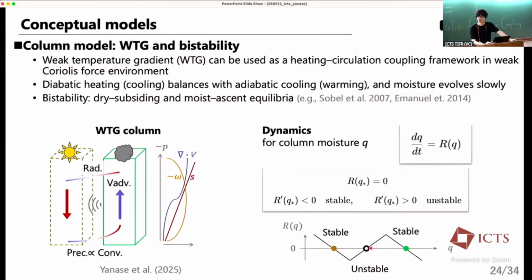This can be an equilibrium, but this fixed point is unstable, so it cannot be achieved if we have a small perturbation. If we have a positive perturbation, the perturbation grows and it goes to the other equilibrium point. We should note that there are two stable points, on the dry side and the moist side. So it is bistable. This bistable state may be related to the dry area and moist area of the convective self-aggregation state. This is one important idea from the column model.